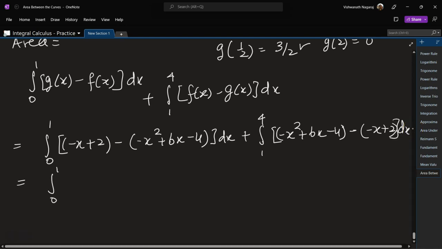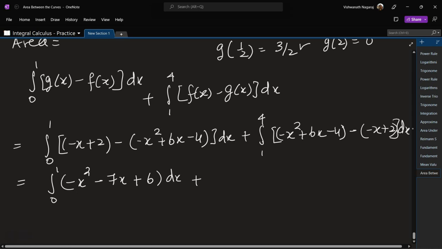Let's simplify 0 to 1. So let's write minus x square plus first, then minus 7x plus 6 dx.